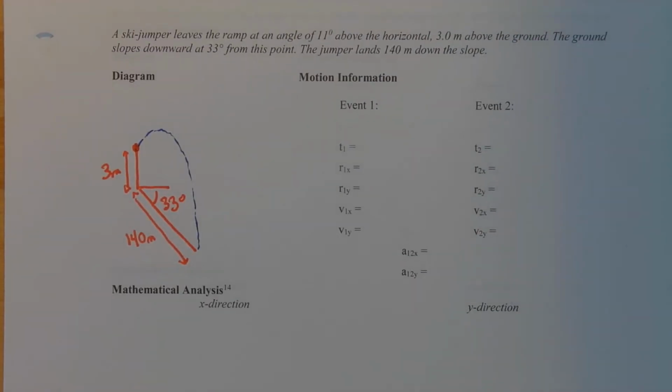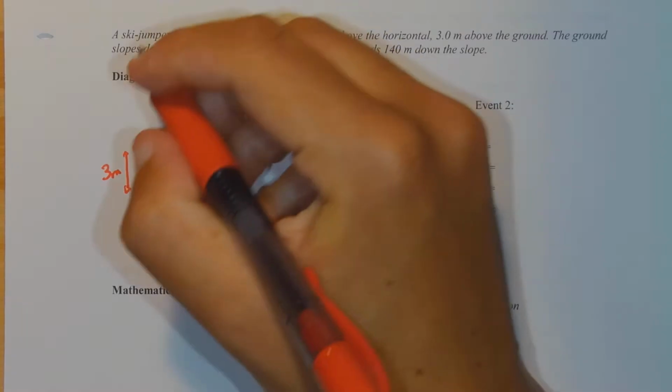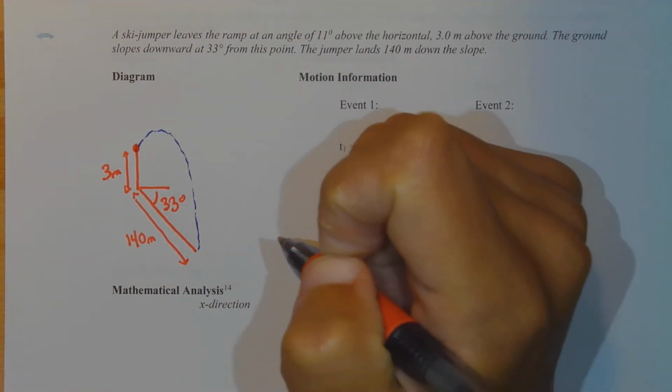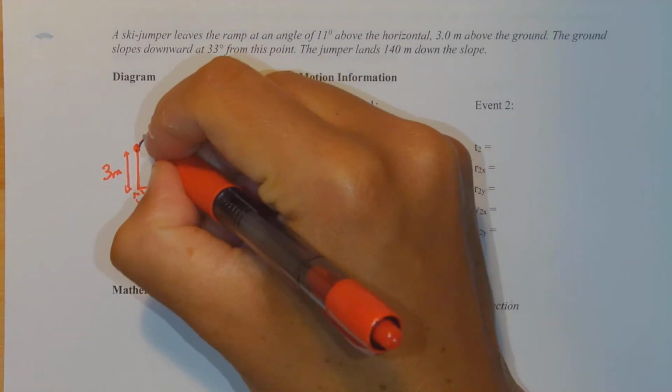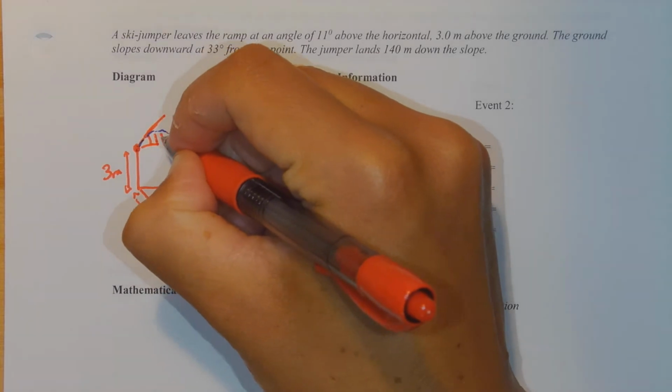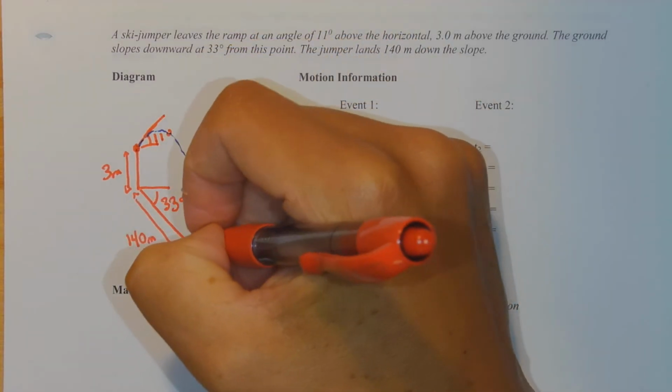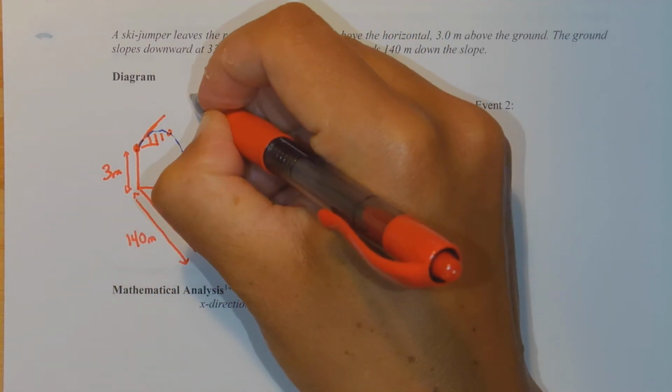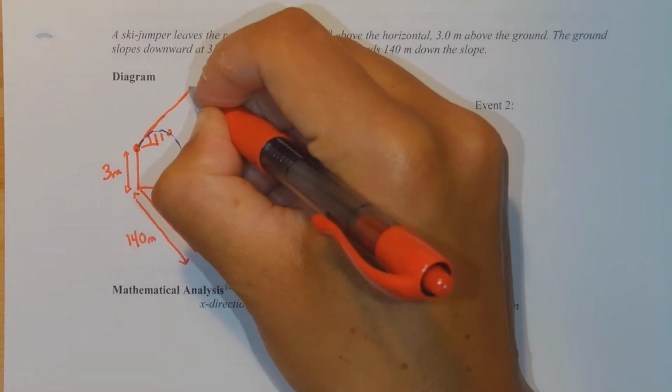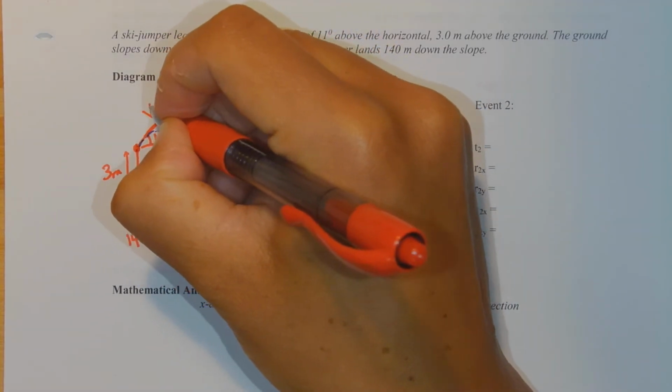Okay, so I have to finish drawing the vector diagram here. So the skier leaves the ramp at an angle of 11 degrees above the horizontal. So that is the angle for the initial velocity. So that's like this. This is 11 degrees. And then when I draw this vector, I want to end right above where the skier hits the ground.